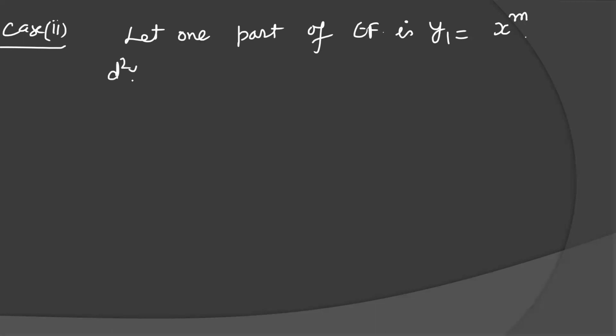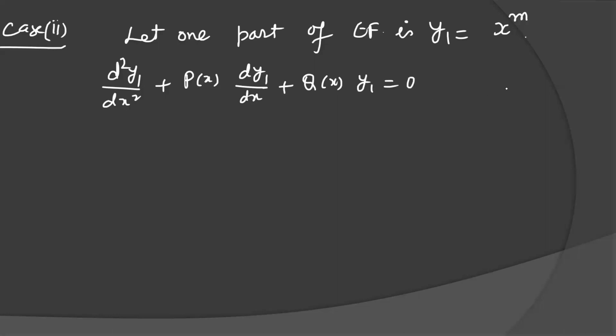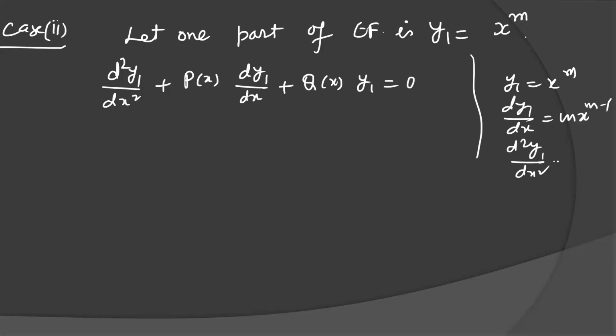Then it will satisfy d2y1 by dx2 plus p dy1 by dx plus q y1 equal to 0. If you have y1 equal to x to the power m, then dy1 by dx will be m into x to the power m minus 1, and d2y1 by dx2 will be m into m minus 1 x to the power m minus 2. Substitute these values.